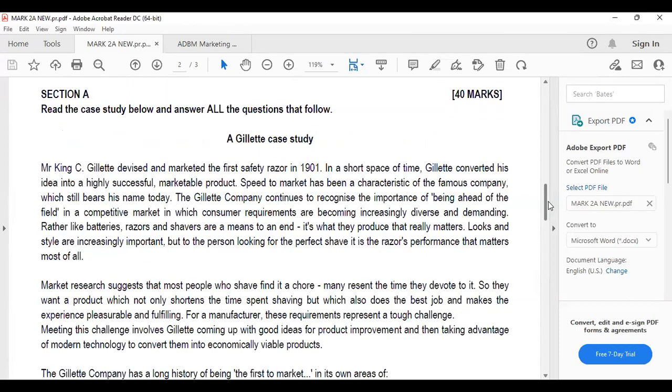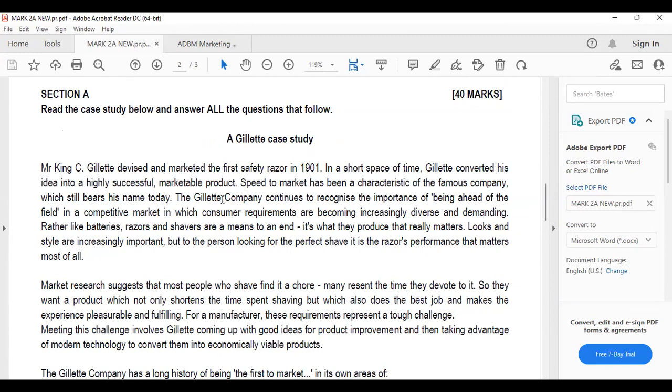Now, when you have this kind of a question where there is a case study, like now I've just explained to you the different characteristics of each stage. What you need to do now is to go into the case study with the characteristics in mind, and then try to pick up the characteristics that you are getting in the case study.